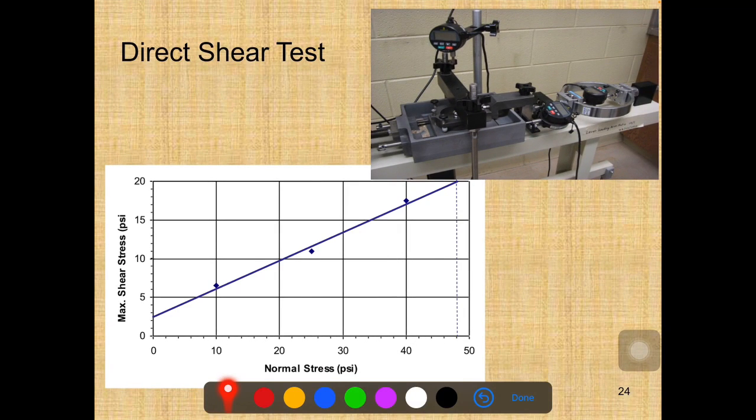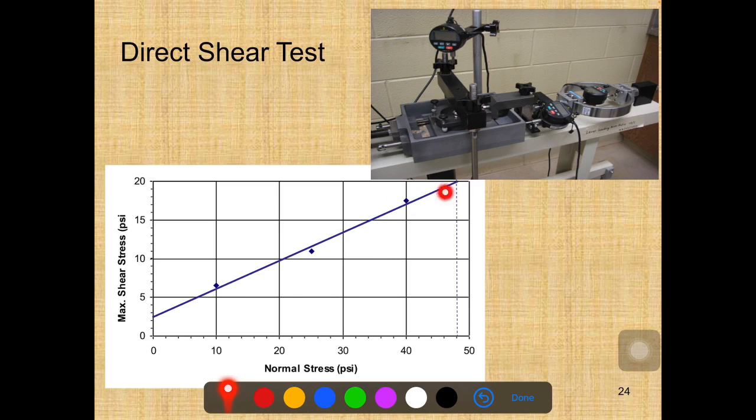Okay, so this is the shear box test. Your sample would be here, and this is the gauge and the load. You will get points for different stresses, with the different pressure loads that you apply here. So you have 10, 20, 25, and then 40.